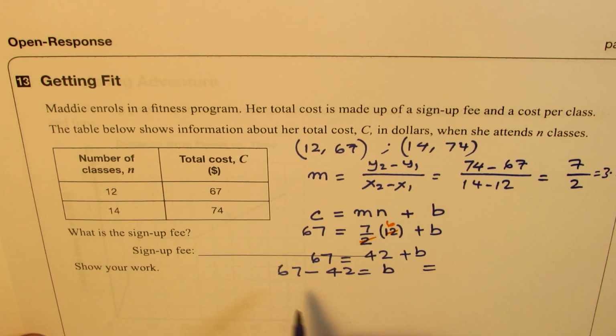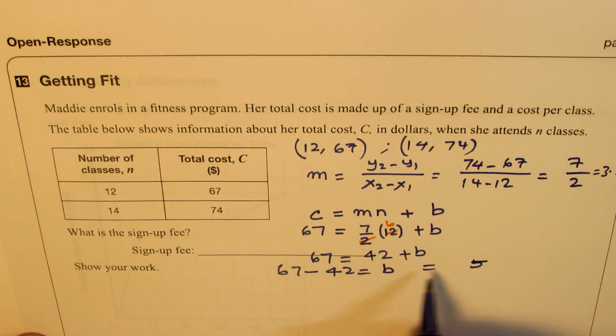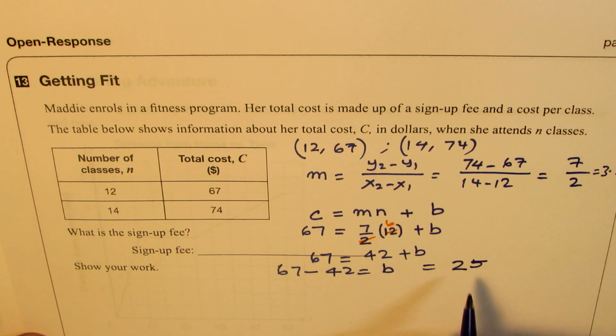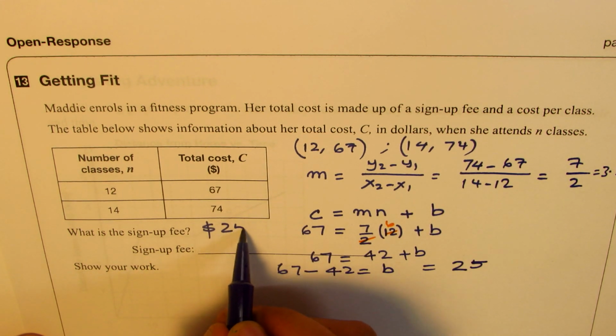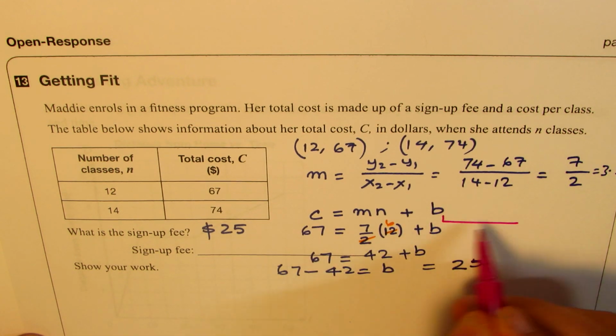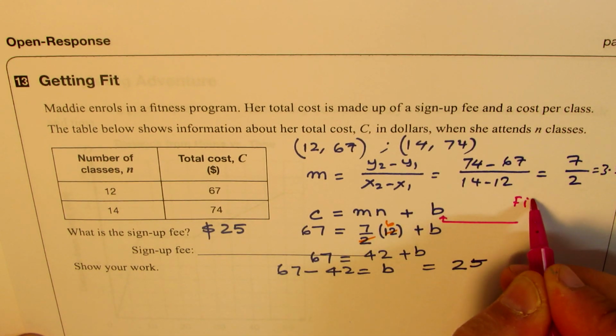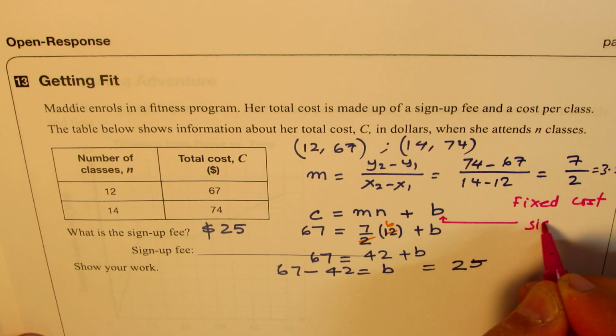So b will be equal to 25. So b for us is $25, right? Fixed cost. So this fixed cost is the sign-up fee, $25.